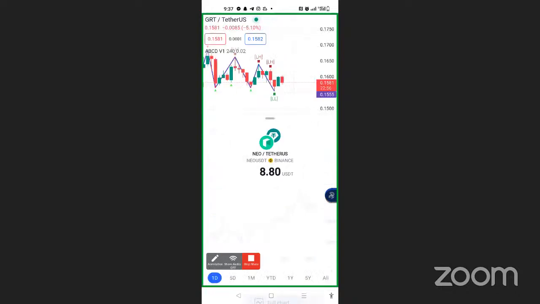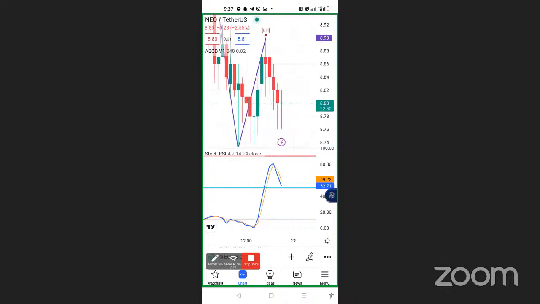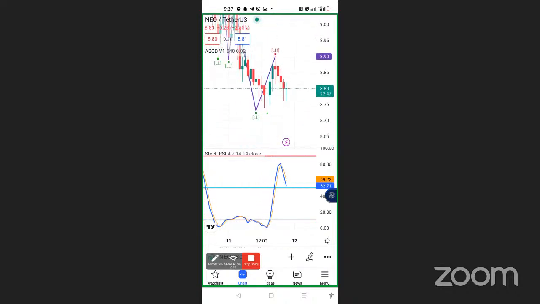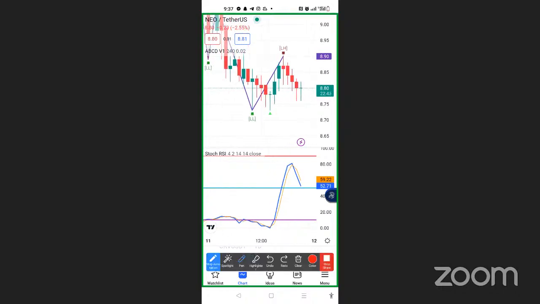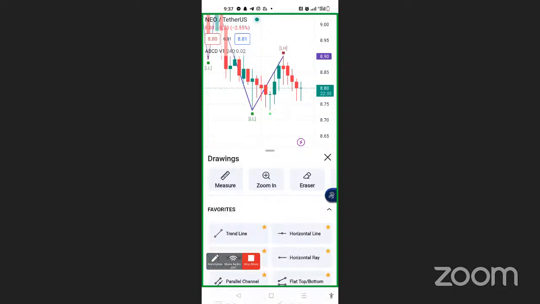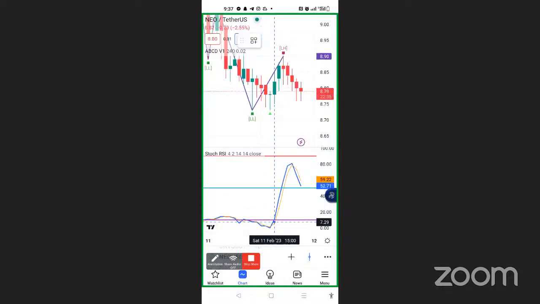Neo, we are into, I think, the 1 hour time frame. Beautiful. Okay. Yes, Julius. Yes. Now, I want you to see a scenario here. A very beautiful one. I hope you can see buying pressure there. And let us draw our vertical line at the crossover. It is here.